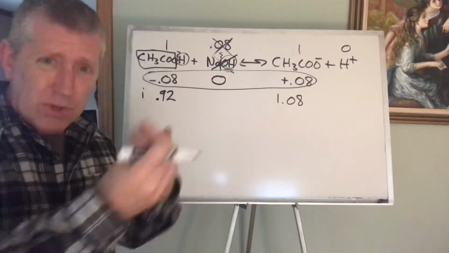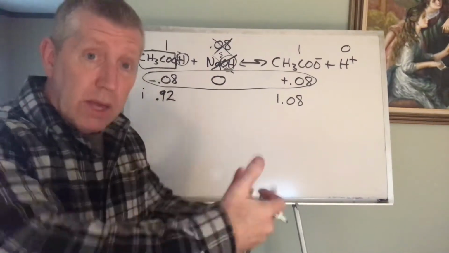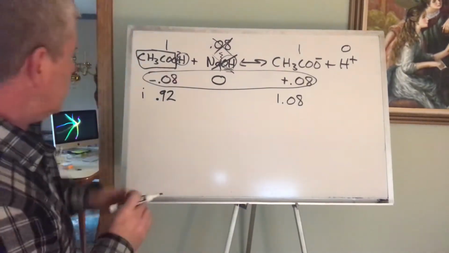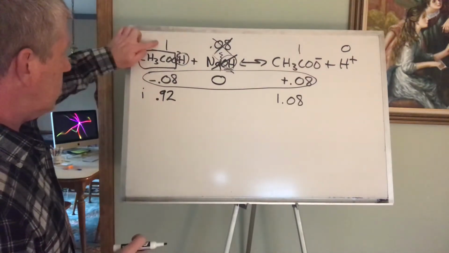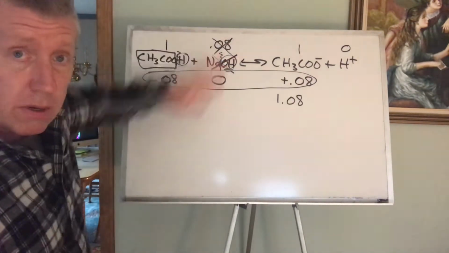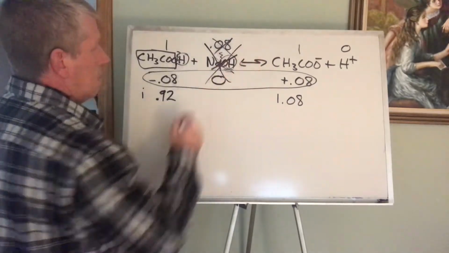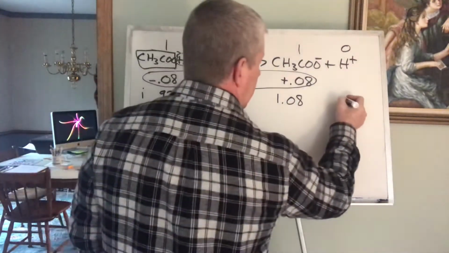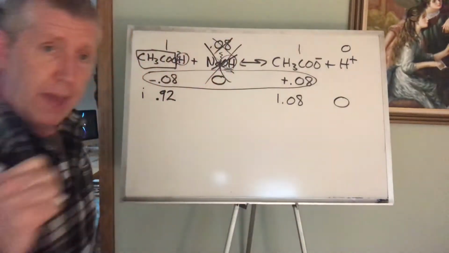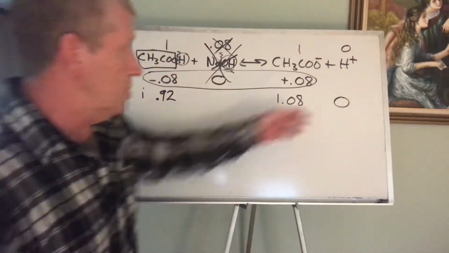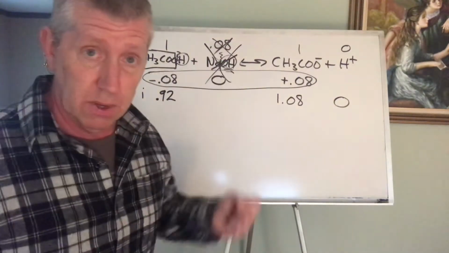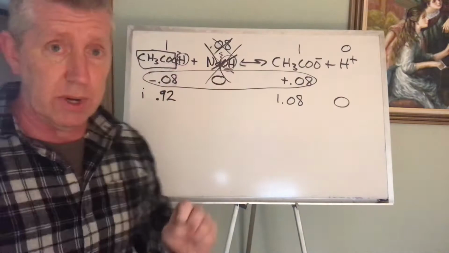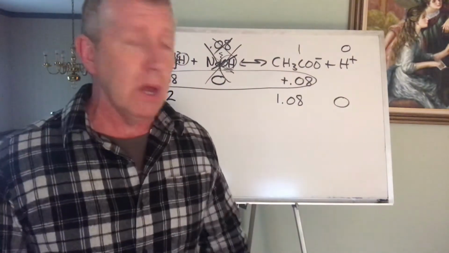That's the chemistry that's happening. The initial in my ICE chart starts out with 0.92 of this, none of this because we got rid of it, 1.08 of this, and 0 extra of that floating around because we used it all to chew up this. We've used all the H's, so upon the neutralization of the base, we don't have any hydrogen.